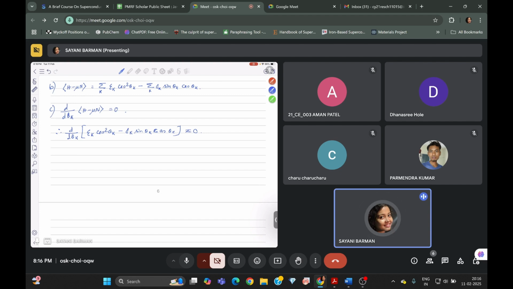Now, you already know, though I have done previously, I'll also do one more time. Cos square theta, it will be minus 2 sine theta cos theta, and d by d theta of sine theta cos theta, it is basically cos square theta, means taking one derivative at a time, minus sine square theta. Okay, I'm just putting the value here.